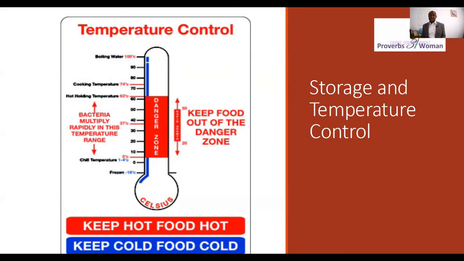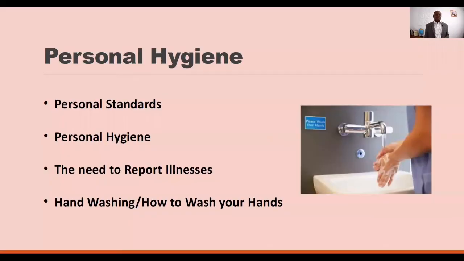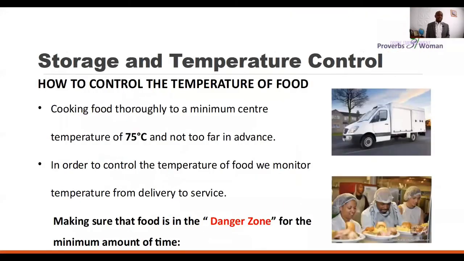Okay, they can resist that high temperature of boiling point. Okay, so this picture, it's really easy to understand. You can have it in your restaurant, in your kitchen, so that you understand. Now, the principle is keep hot food hot and keep cold food cold. Okay, so that's the temperature.